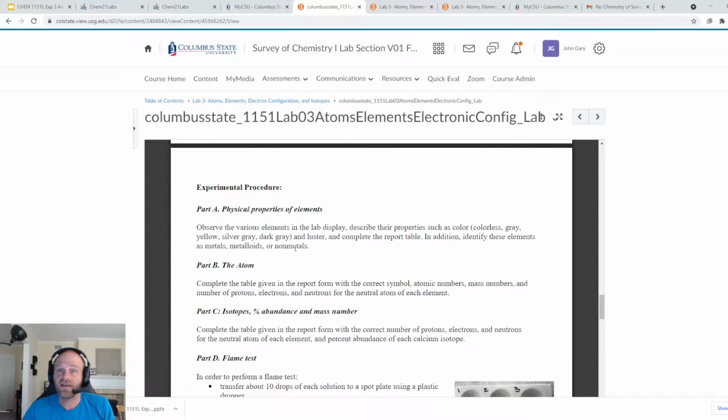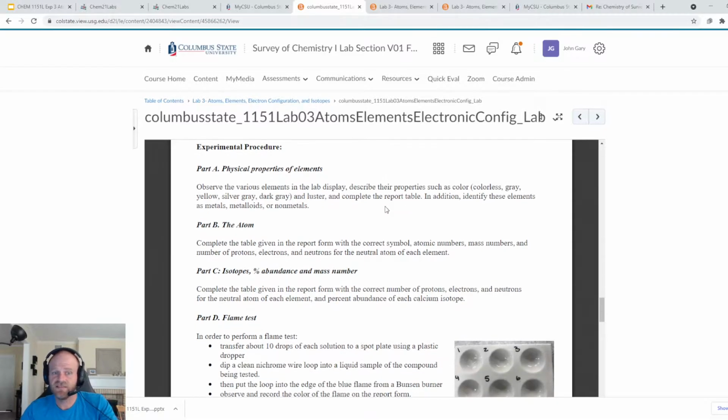You don't have that, so you might need to look online. Just Google what the properties of these certain elements are. Color, luster. Remember, luster is associated with whether or not it's a metal. If it's metal, it's shinier. If it's a non-metal, it'll typically be dull. Being able to identify them as metals, metalloids, or non-metals.